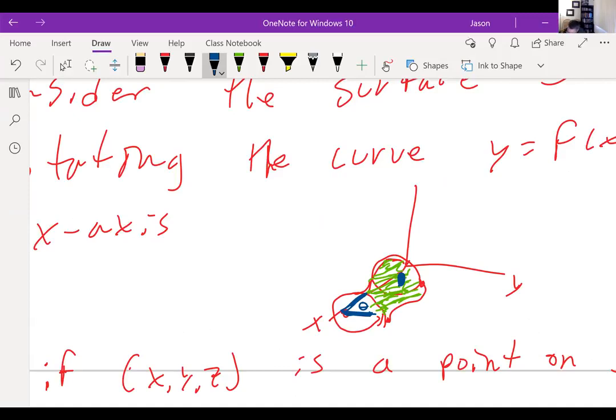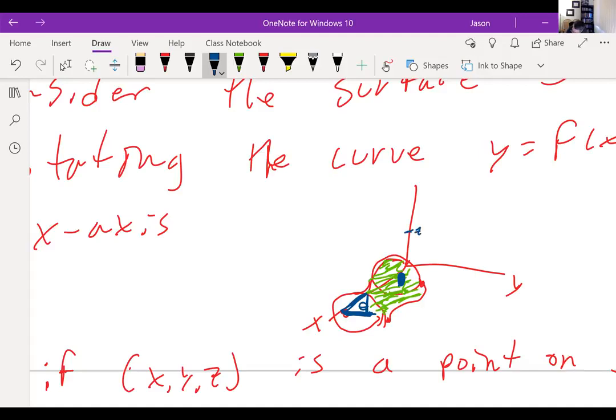So we've got this angle, theta. So x is x, and y is going to be f of x, and then where are we on that? Y is dependent upon theta, and z is also dependent upon theta.